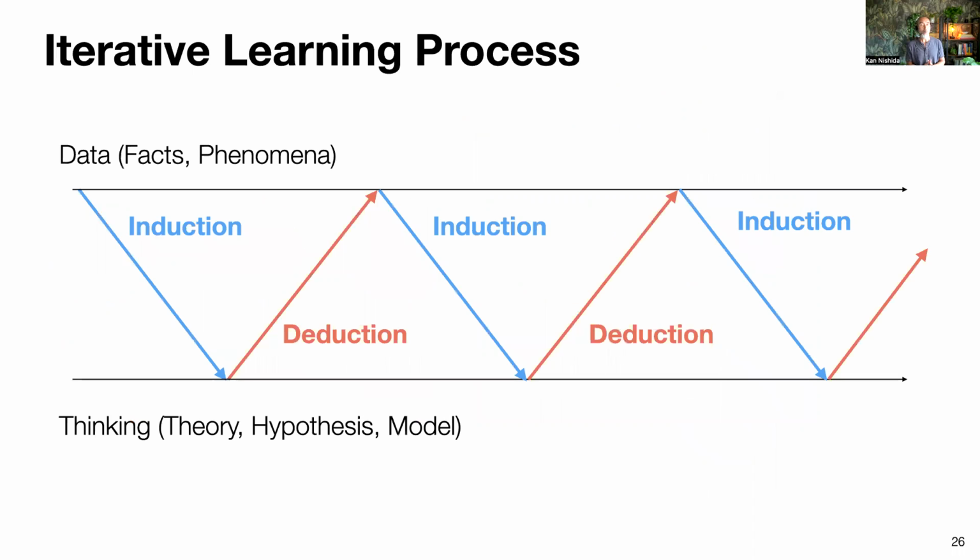According to George Box, a great statistician from the UK, this is an iterative learning process. Basically, the way we obtain new knowledge is we go through this deduction and induction. It's not like one way is better than the other. We actually use these two to get closer to the truth or obtain new knowledge.